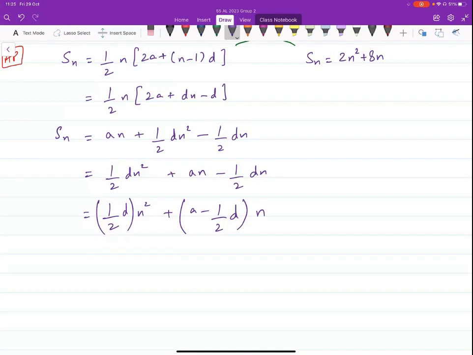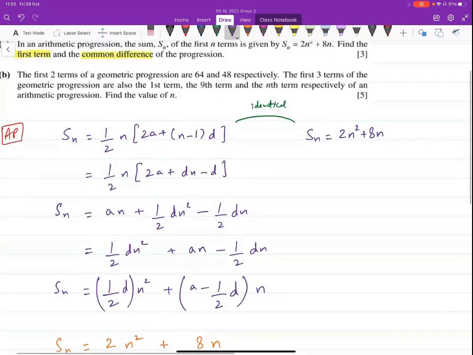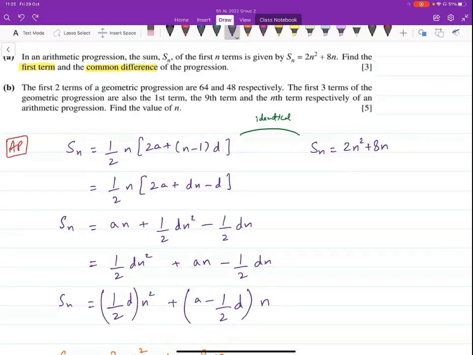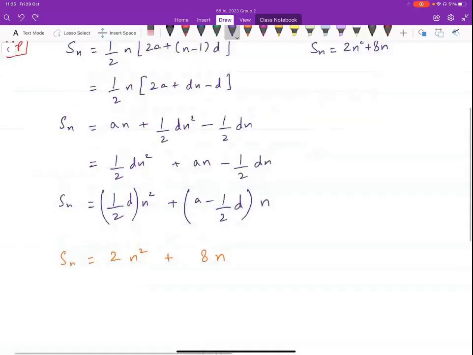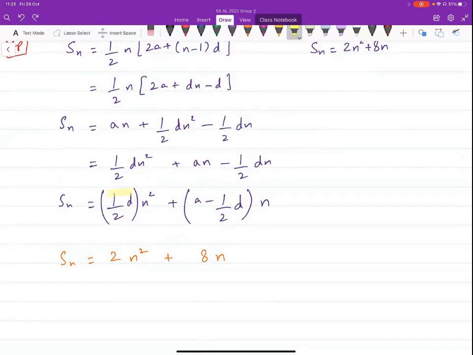What we were given there was Sn equal to 2n square plus 8 times n. Now since both of these have to be identical, that is also the sum formula of this same AP. This is the sum formula for this particular AP, which we are referring to here. This is also the sum formula for the same AP. What that means is the coefficient of n square that we have in this formula and the coefficient of n square that we have here, they should be the same.